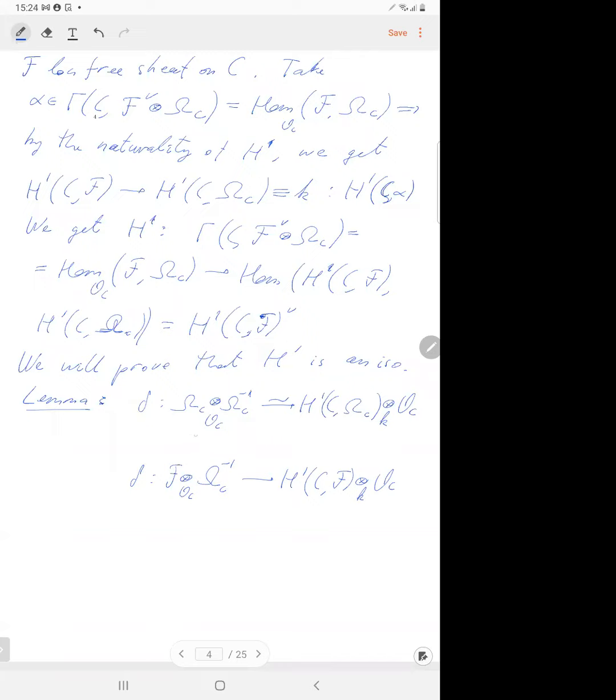And here we have our morphism alpha tensor 1, and here we'll also have something. So let me say what I mean. Here alpha is a morphism from F to the dualizing sheaf, and lambda is a morphism from first cohomology to first cohomology.